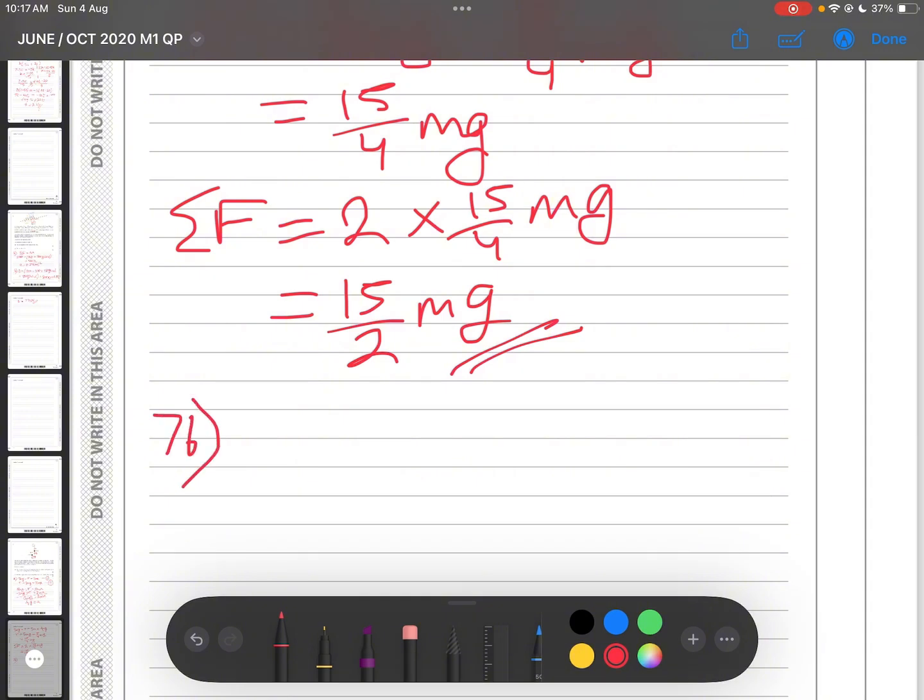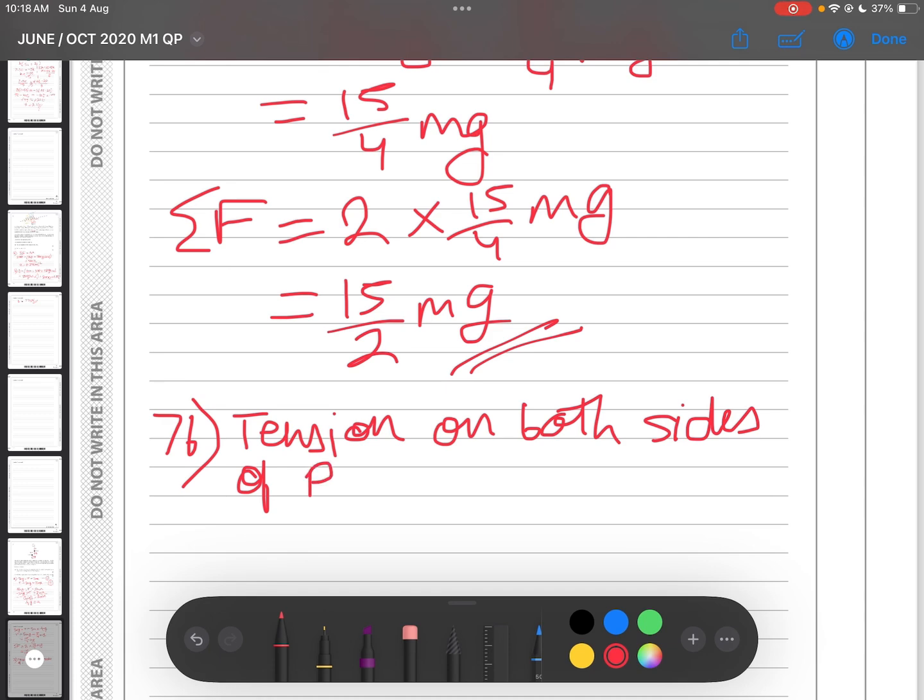I hope you guys learn them by practicing lots of papers and you get to know on the specific questions what specific answers you should state. The answer is going to be: tension on both sides of pulley is equal.